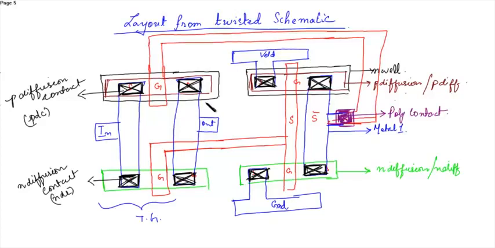Now after placing the diffusion contact, you have to place the substrate contacts in the VDD and ground. So this is the N substrate contact.